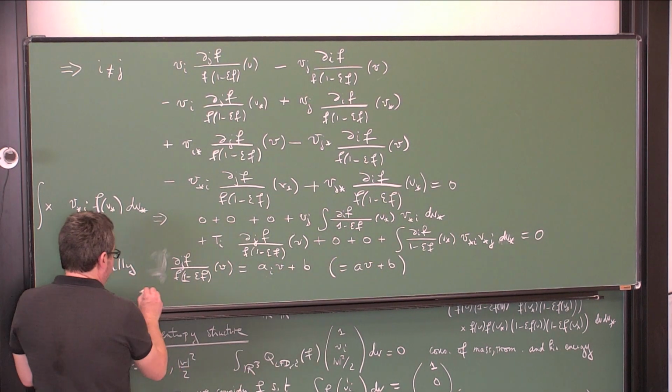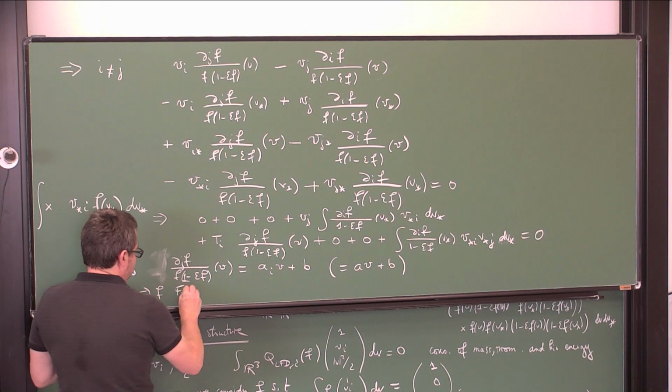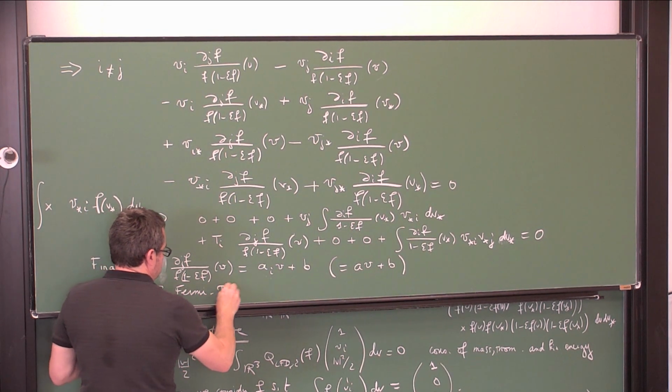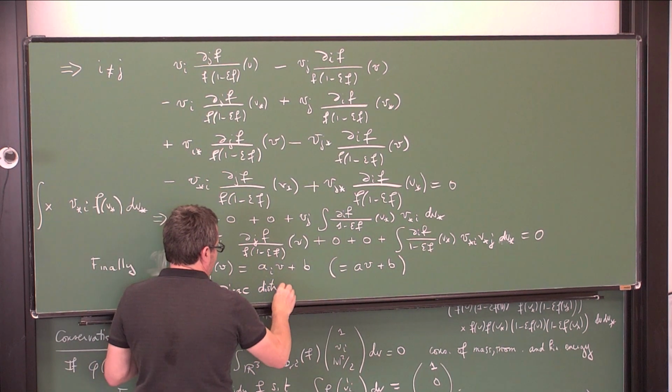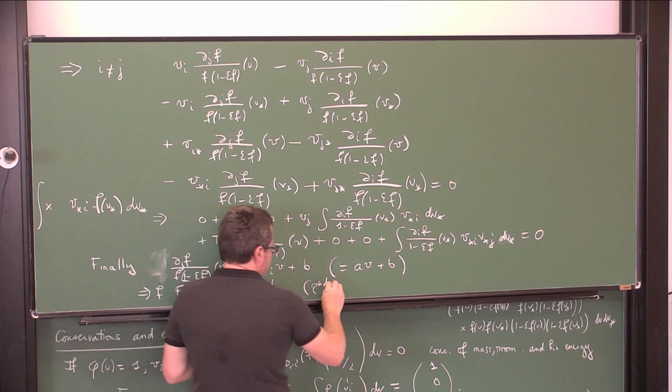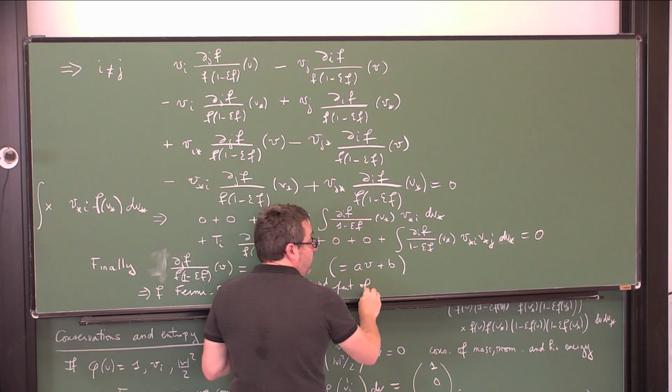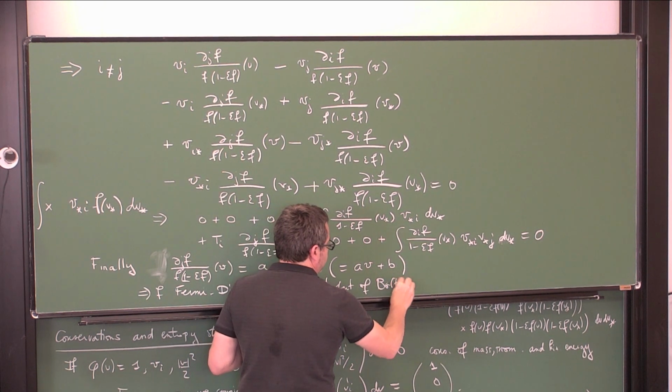So you end up with f Fermi-Dirac. And this is the second part of Boltzmann's H theorem.